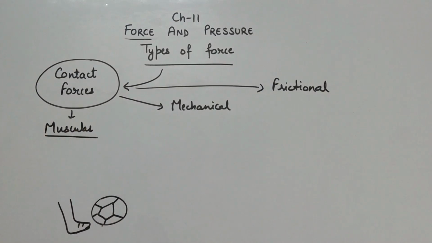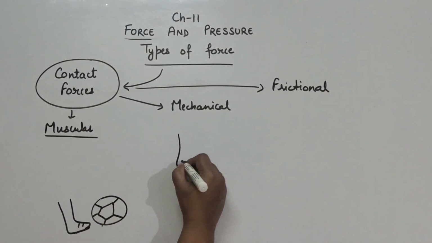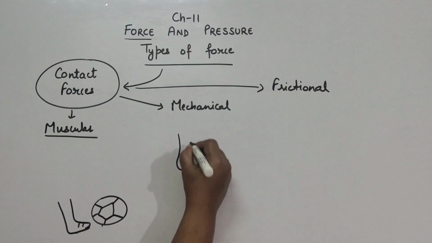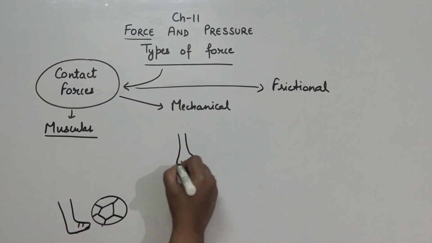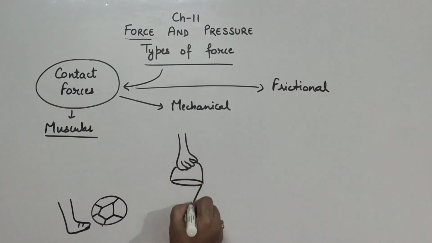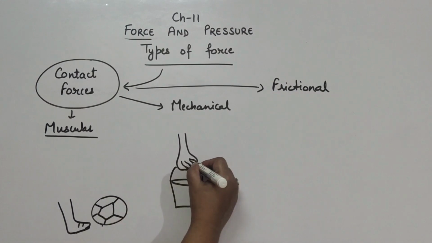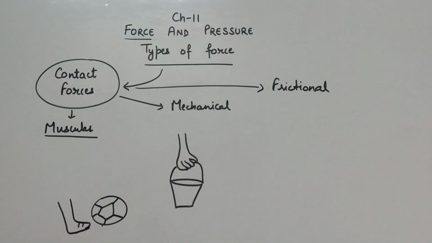Muscular force. Suppose you lift a bucket of water with your hands, or kick the football, or pedal the bicycle with your legs. In all these situations, contact force is applied either by hands or by legs.